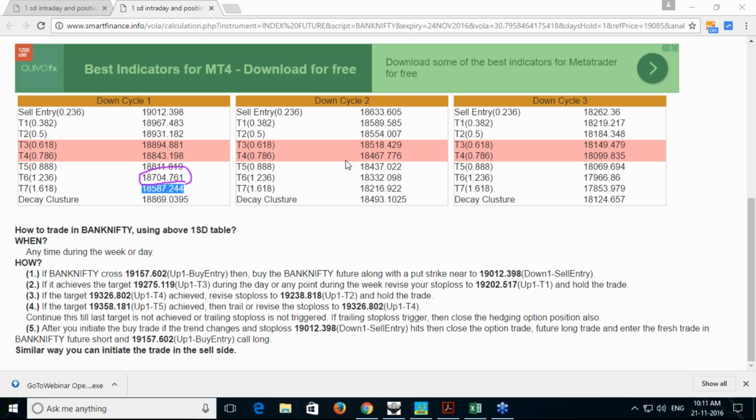A couple of points below this level also you have achieved. So very much in line with the expectation, whatever we have expected, mostly we have achieved. Only the last target is remaining.